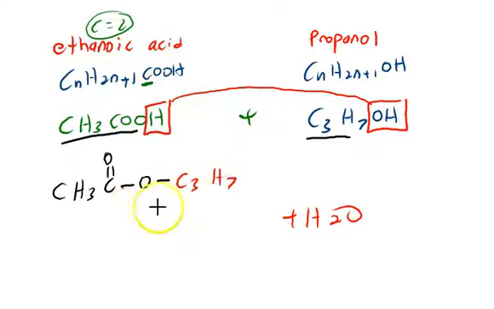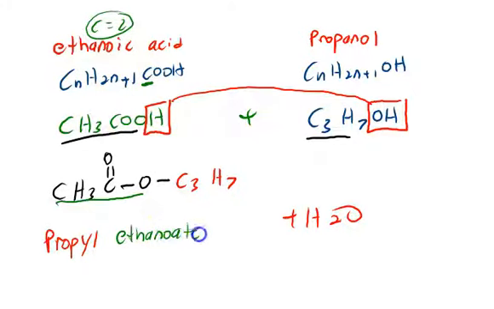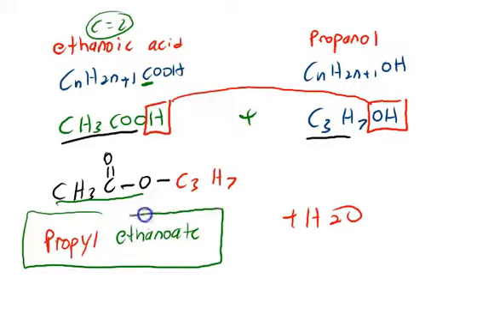The name here we have to take from the alcohol first, so it becomes propyl. The next name comes from the acid: this is ethanoate. So you have propyl ethanoate.